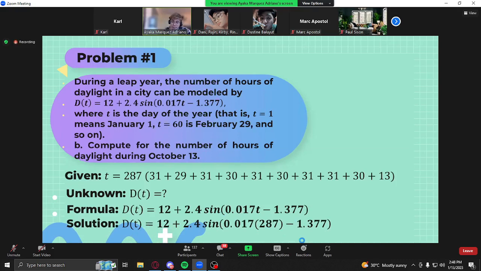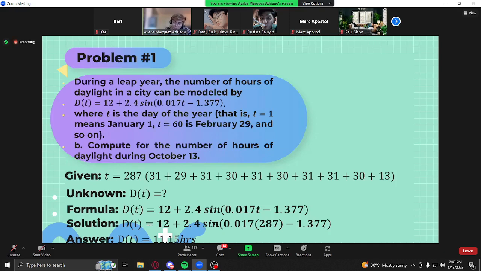Isa-substitute natin yung T value natin, which is 287 dun sa ating model function. Pagkatapos, when we evaluate this one sa calculator, idiretso nyo na sa calculator, that will be 11.15 hours.